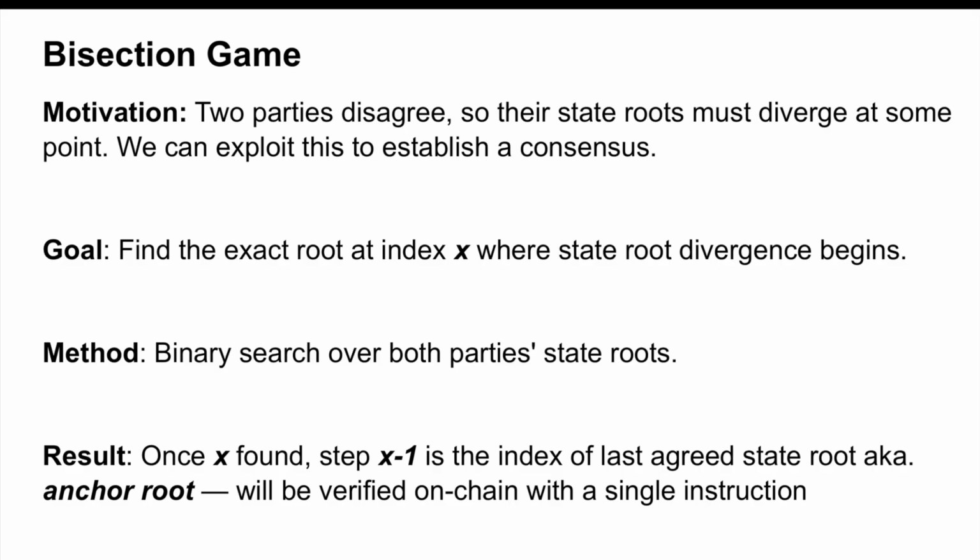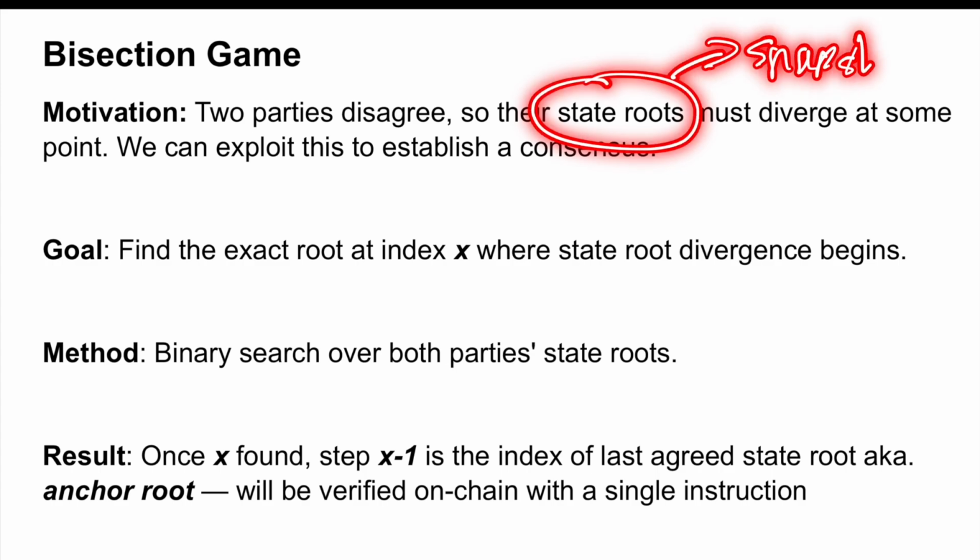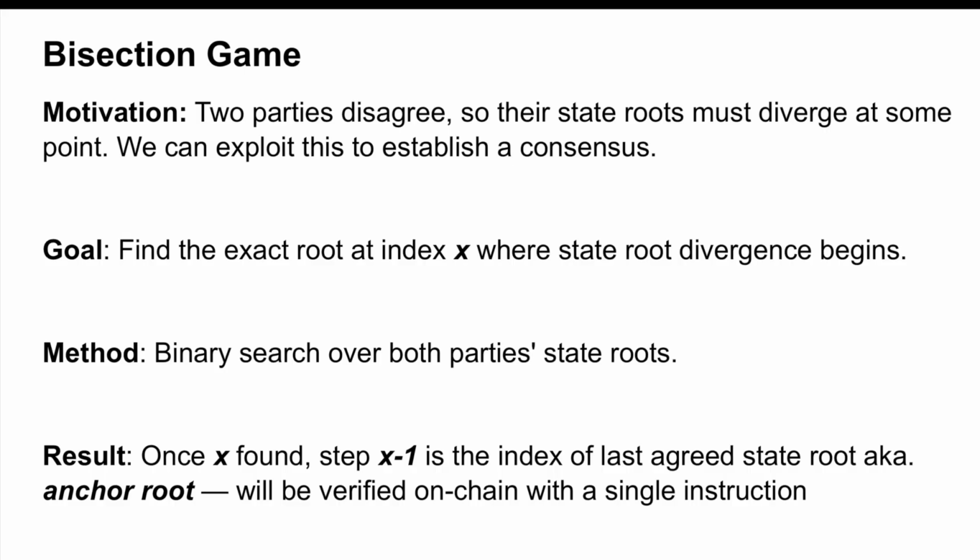Our motivation is that two parties disagree, so their state roots must diverge at some point. By state roots, I mean the VM snapshots. We can exploit this to establish a consensus between them.